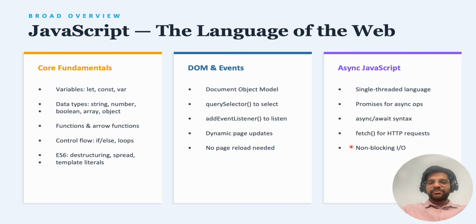So we use promises and async await to handle operations that can take time without freezing the entire page. For example, we have fetch, which is the main way we can make HTTP requests from the browser, and it returns a promise, which basically helps us to continue making the page work without making it stop completely until the request comes back.